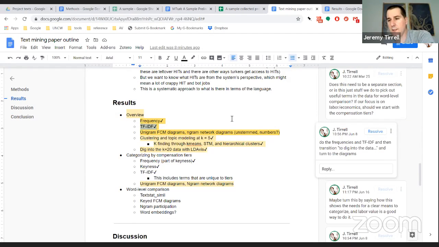So bot jobs is one thing. Something that's similar but not the same are things that are composed through automation. So there's a whole run of jobs that are sequential and their descriptions are nearly identical, but the only thing really that switches is the brand name.